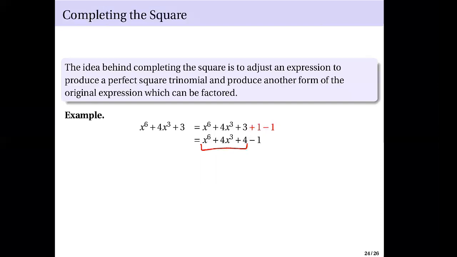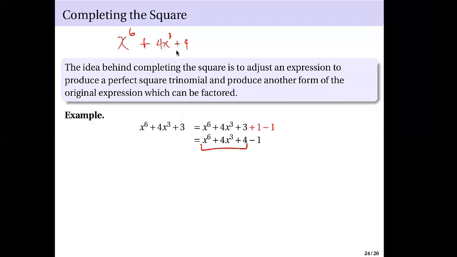And again, this expression here is a perfect square trinomial. So try to factor x to the 6 plus 4x cubed plus 4 during your off hours.